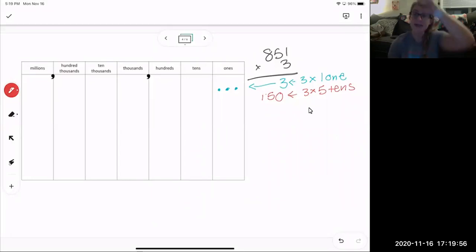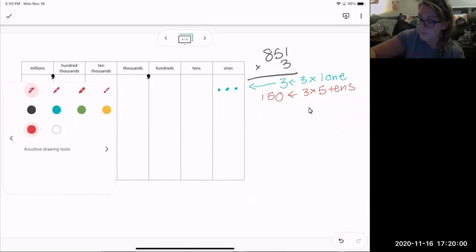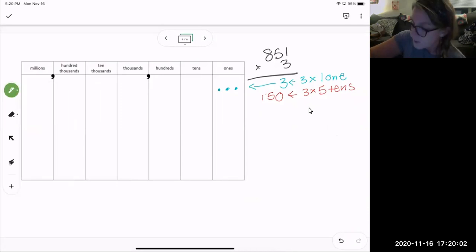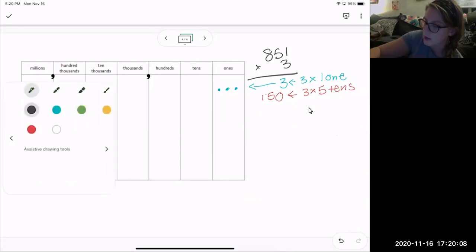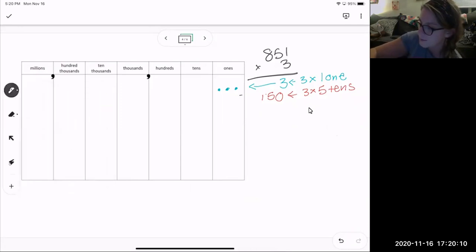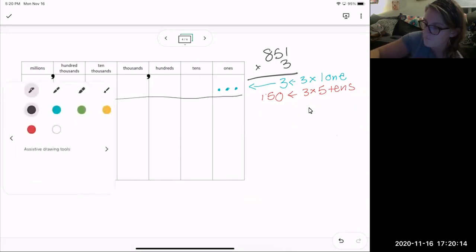Okay, so we're going to draw 15 tens, but we don't want to draw all 15 tens in our tens place. We know that with 150, we have 100. And we're going to draw it a little bit below where our 3 ones is. So actually, let's draw a line there so that we don't get them mixed up.